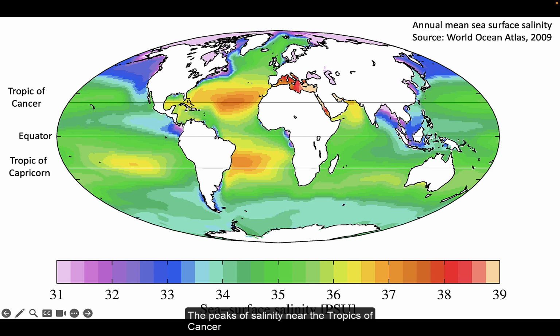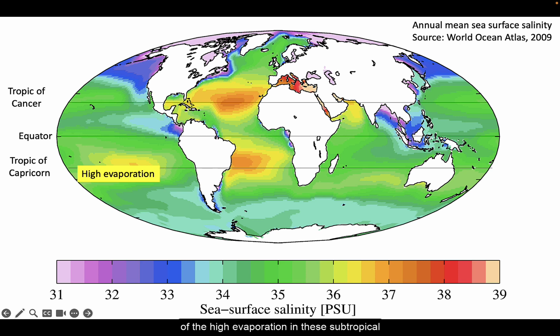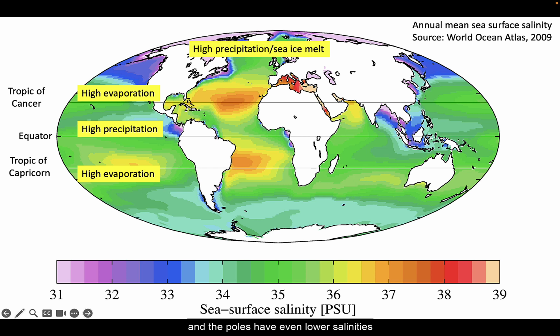The peaks of salinity near the tropics of Cancer and Capricorn are a result of the high evaporation in these subtropical areas. The equator has lower salinities as a result of increased precipitation, and the poles have even lower salinities as a result of higher precipitation at the polar fronts and sea ice melt in the Arctic.